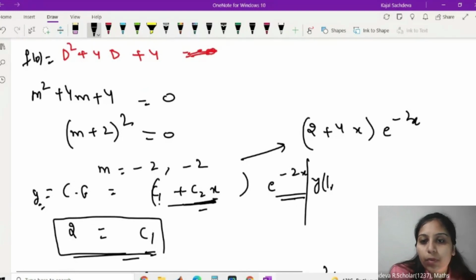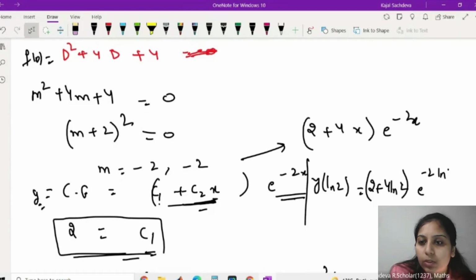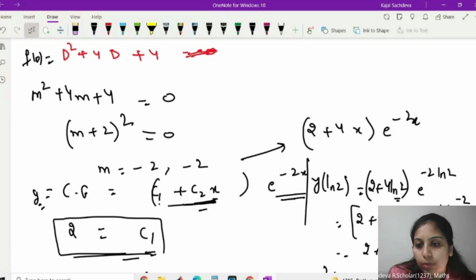So y of log 2 is equal to (2 plus 4 log 2) into e raised to power minus 2 log 2. You can find the log 2 value by calculator, and then this can be written as e raised to log 2 power minus 2. The e and log cancel out, so we get 2 plus 4 log 2 divided by 2 square, that is 4.